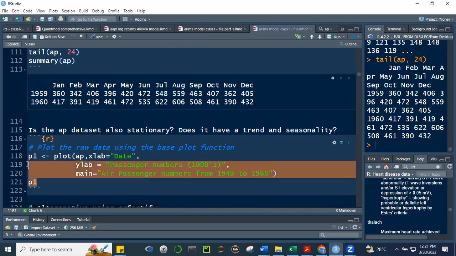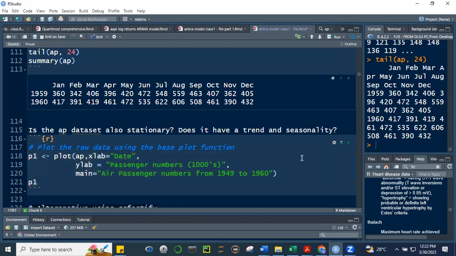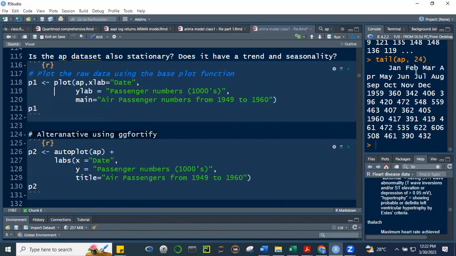Okay, so i-plot lang natin yung data natin. For this one, i-share ko na nga ito kasi para mas mabilis tayo, no? So let me just chat this. Okay, kindly copy this. So we're creating this object called P1 and it's a plot. Plot siya na AP. All right, I hope you have created AP, no?